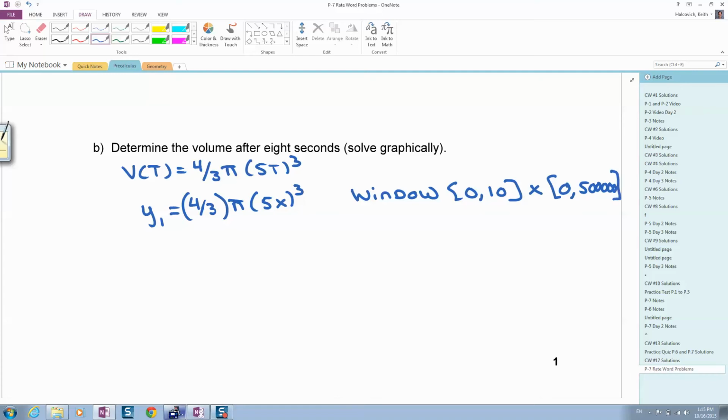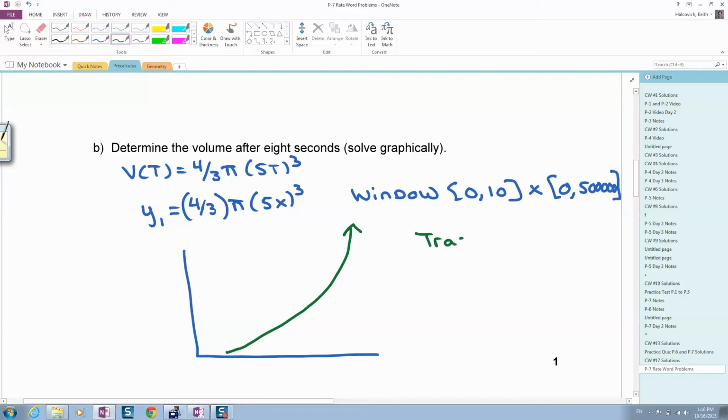Now, you have this picture here, and we'll see the graph. Notice it starts out like this and just goes up. Now, to find the volume after 8 seconds, remember 8 seconds is an x, we're going to go trace 8, enter.